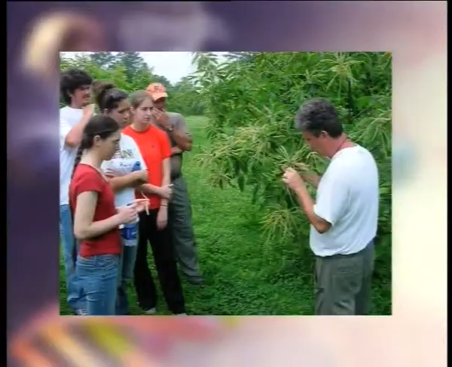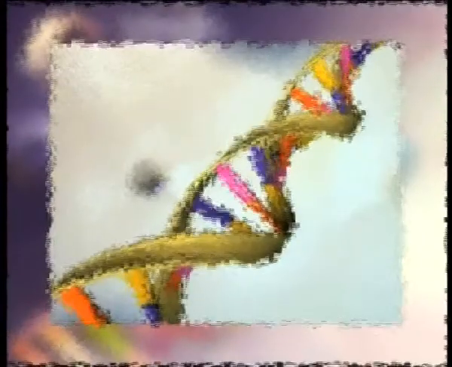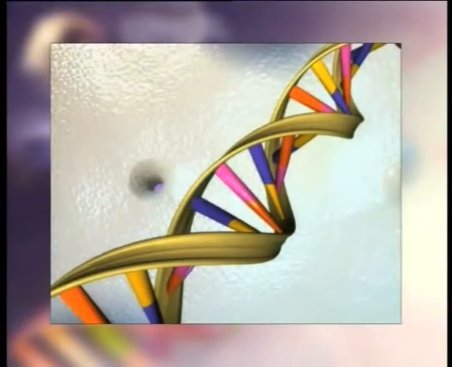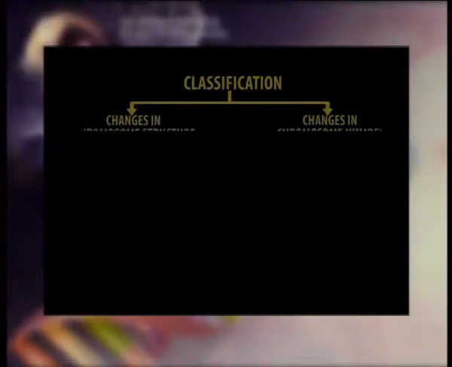They can be detected by genetic analysis, that is, by changes in the linkage arrangement of genes. As far as the classification is concerned, chromosomal alterations fall under two major classes: first, structural chromosomal alterations, and second, numerical chromosomal alterations.